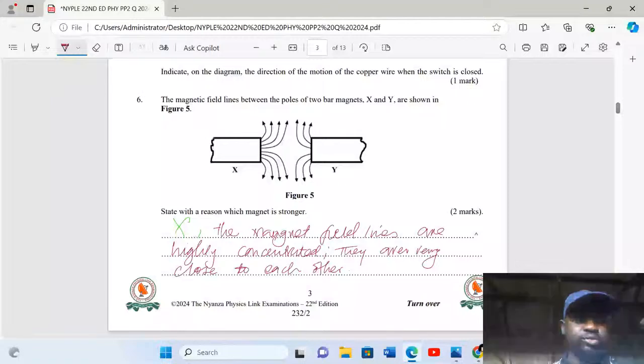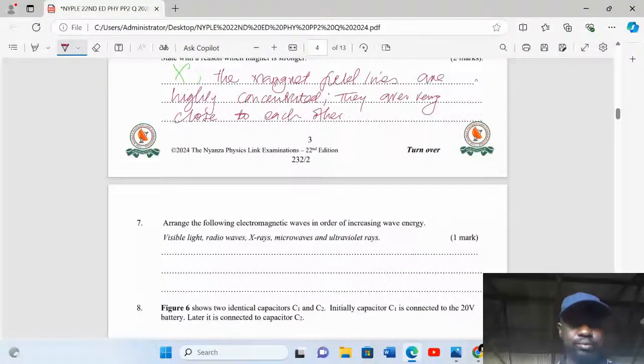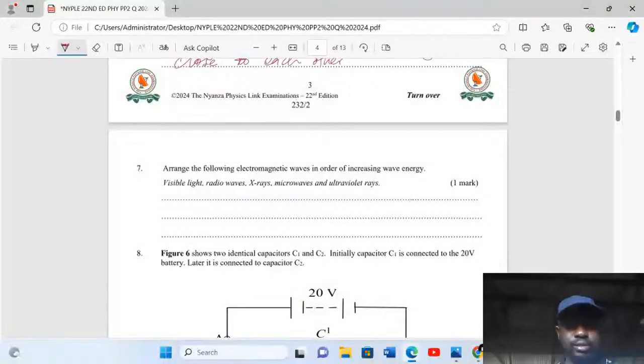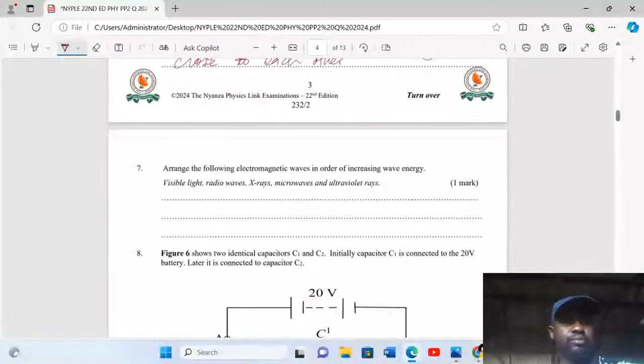Now we can move on to the next part, where we have a question: arrange the following electromagnetic waves in order of increasing wave energy.